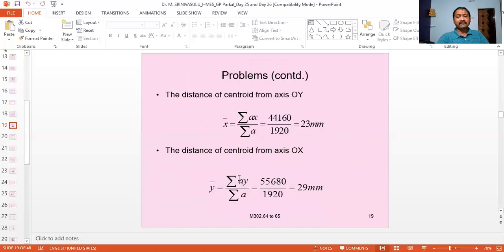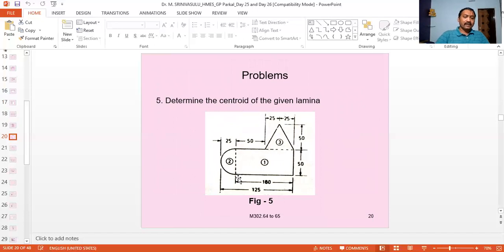Now next we'll go to the other problem. This is the problem on an eccentric section.